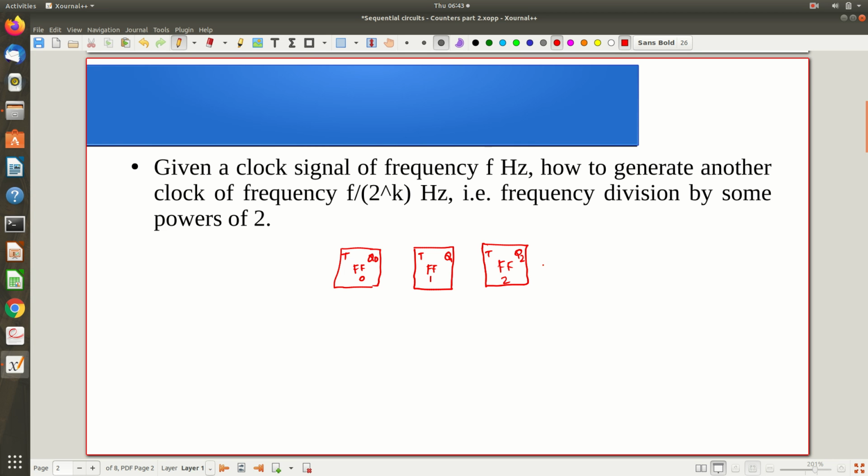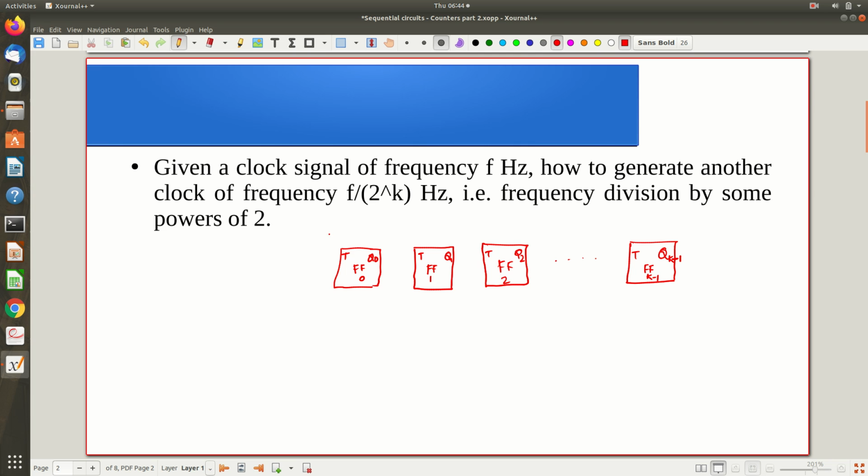This is the T input for all of these. If you want, you can denote them T0, T1, T2, whatever it is, the input to the flip-flop. The last one: as I started counting from 0, the last one will be flip-flop k minus 1. So 0 to k minus 1, in total k T flip-flops are there.